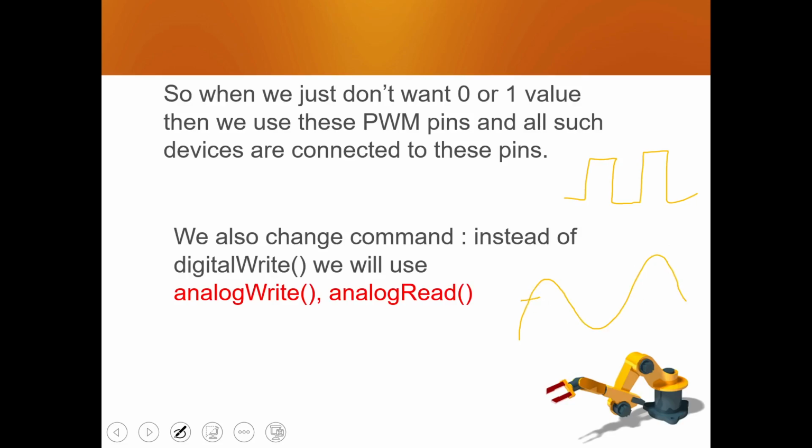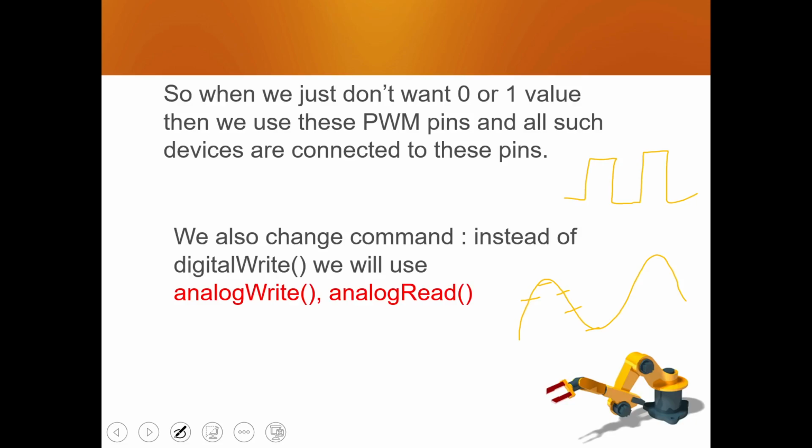You can rotate the knob, or rotate your device, to control the amount of current flowing inside it. So for that, we are not using a digital type. We are using analog type of pins.